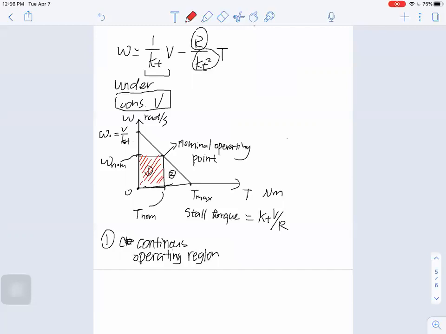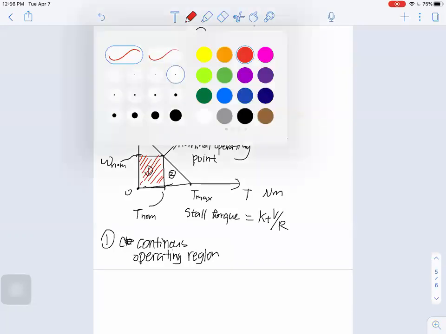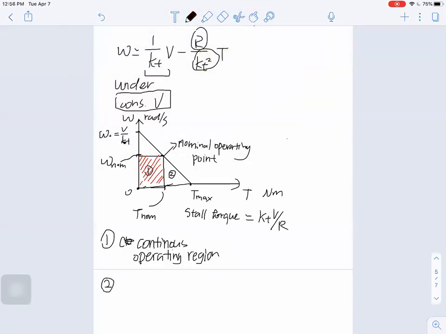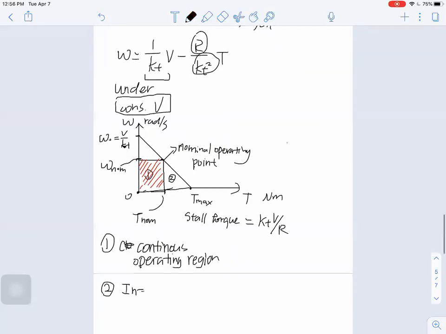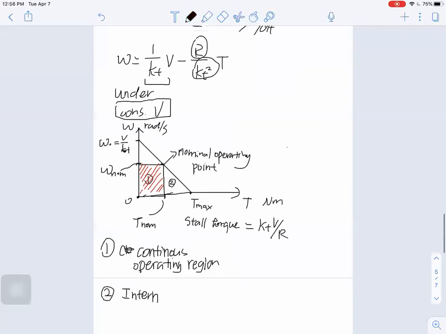The other region, region 2, is called the intermittent operating region. In region 2, you can run the motor for a short time, but not continuously. If you continuously run the motor in region 2, you're running the risk of burning your motor.